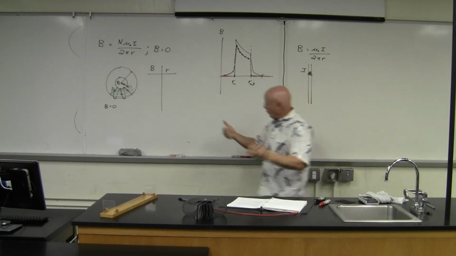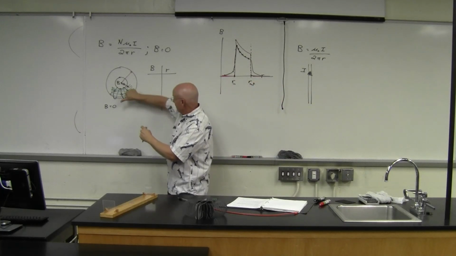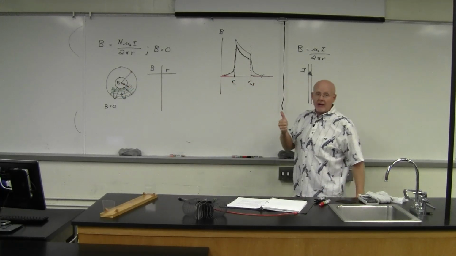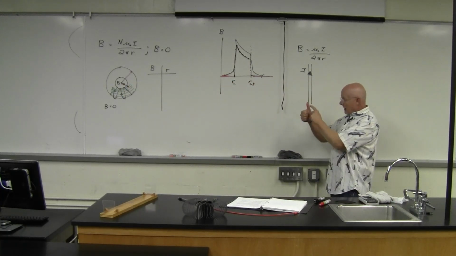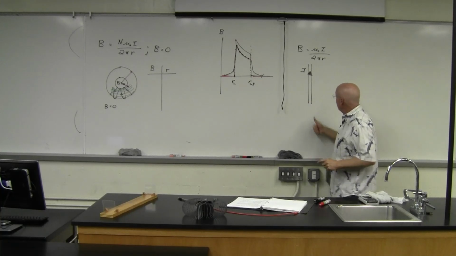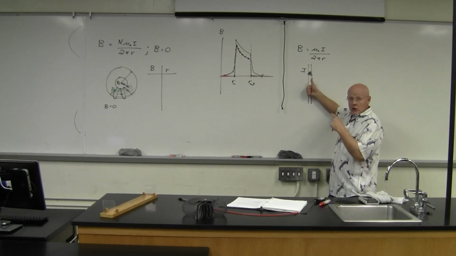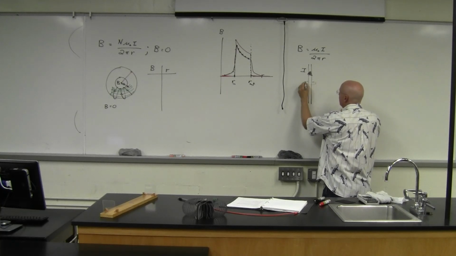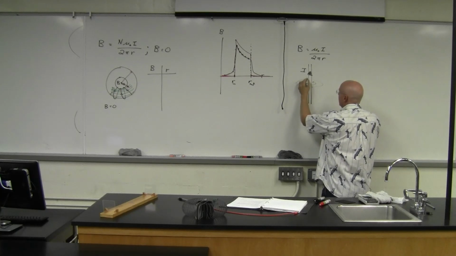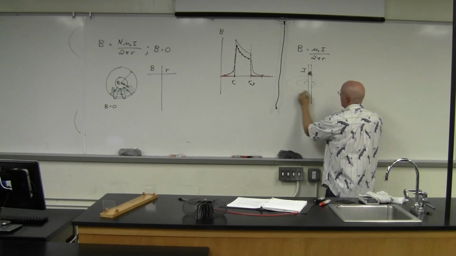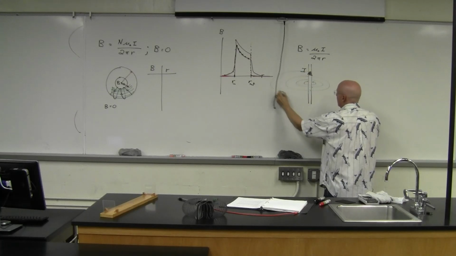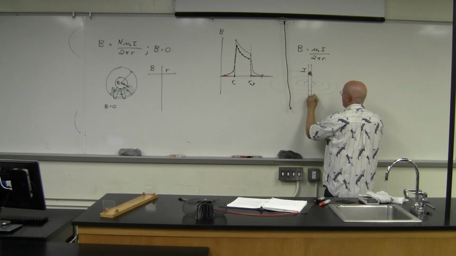If you remember over here with the toroid, my fingers matched the current, and that worked also for the solenoid. But the other thing with right hand rule number 2 is look for what matches, and my thumb is straight, which matches the wire. So my thumb will be the current, so my fingers will be the field, and so I will get a field that will look like circles around it.